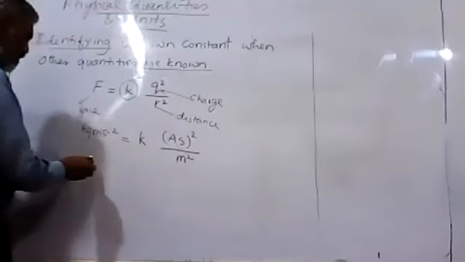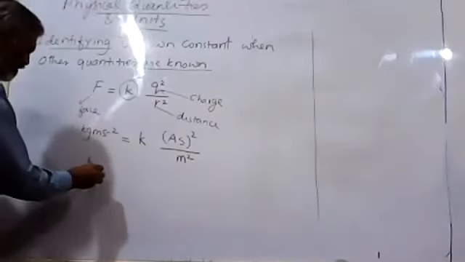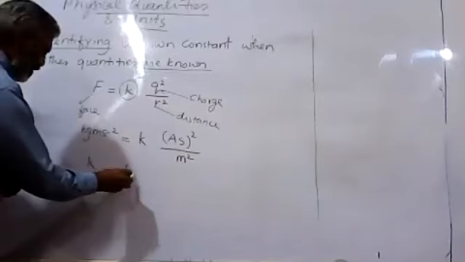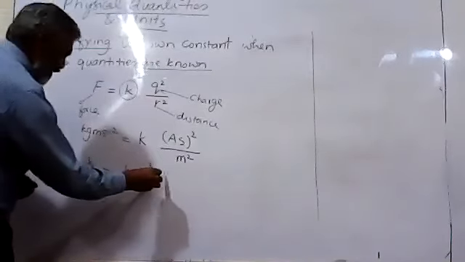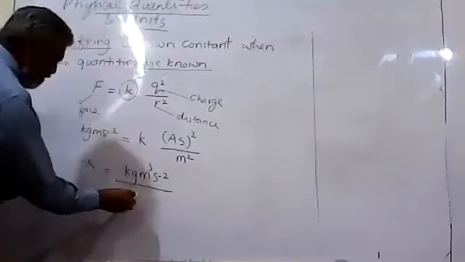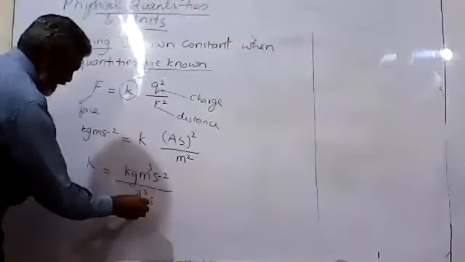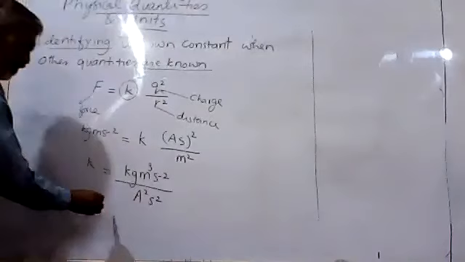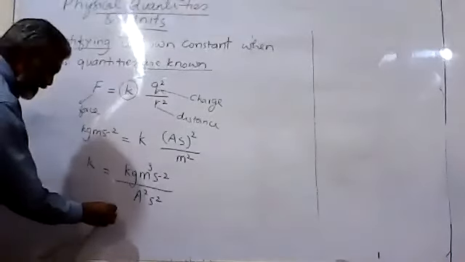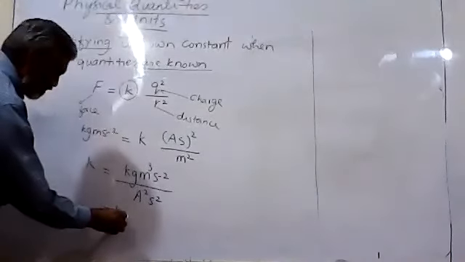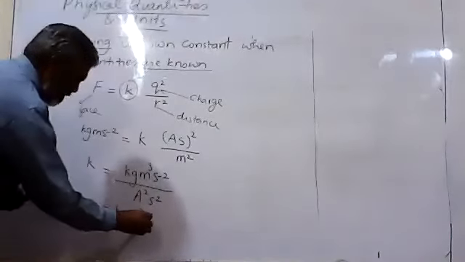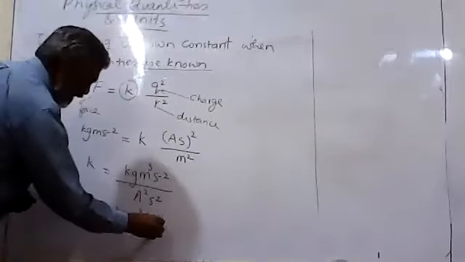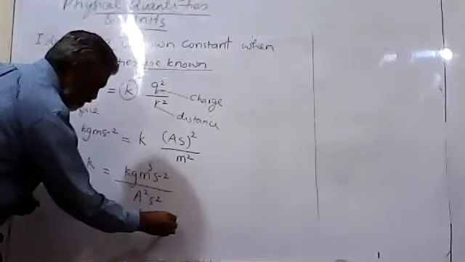So K becomes the subject of the equation. It becomes kilogram meter cube s minus 2 divided by A square s square, and on further simplifying it becomes kilogram meter cube A minus 2 s minus 4.